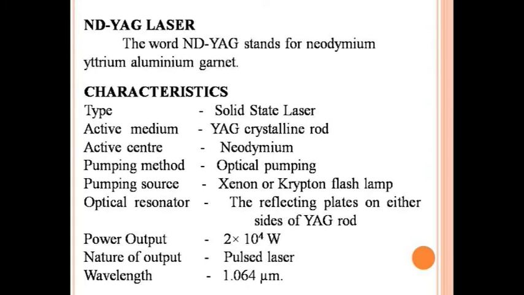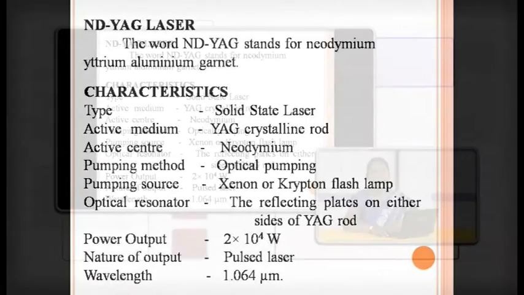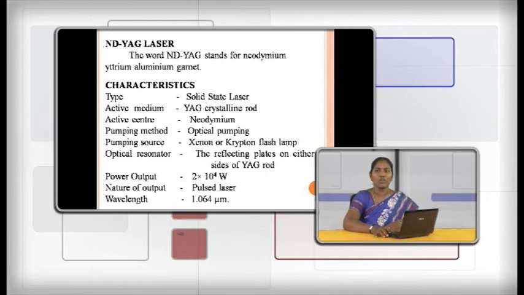The pumping method used here is optical pumping. The source for this optical pumping is a xenon or krypton flash tube. Optical resonator: the resonating plates on either side of the Nd:YAG crystal rod are polished and kept flat and parallel. The nature of the output is pulsed laser, and the wavelength of the output is 1.064 micrometer.